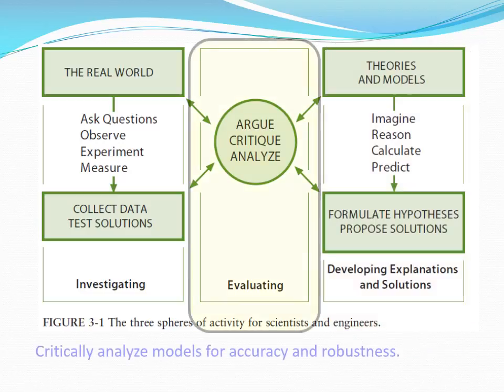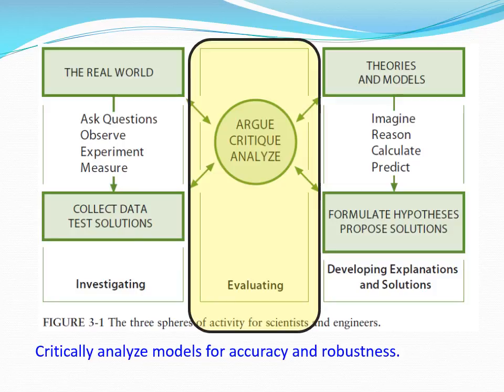And finally, other scientists critically analyze the models for accuracy and robustness. In other words, it's part of the scientific process for others to argue from evidence to critique different models and theories.